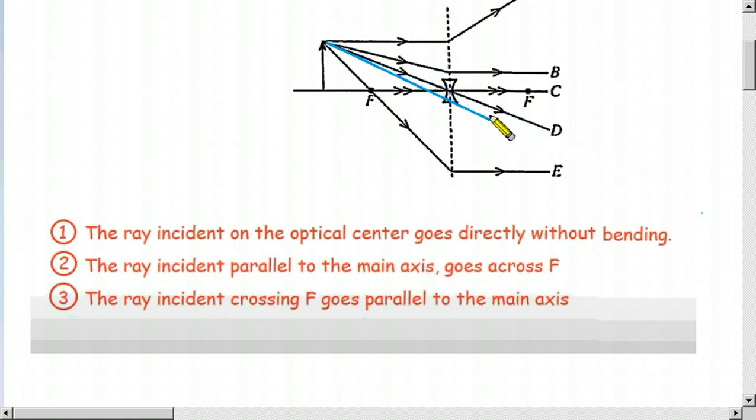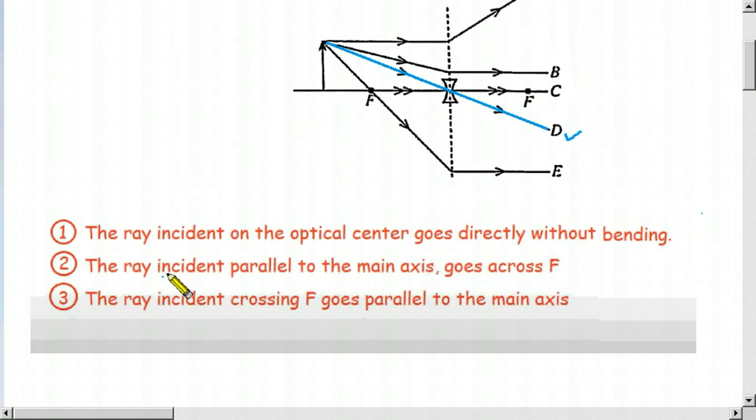So according to the first rule, the ray D is correct. It doesn't bend, so it goes straight, without changing its direction after the lens.